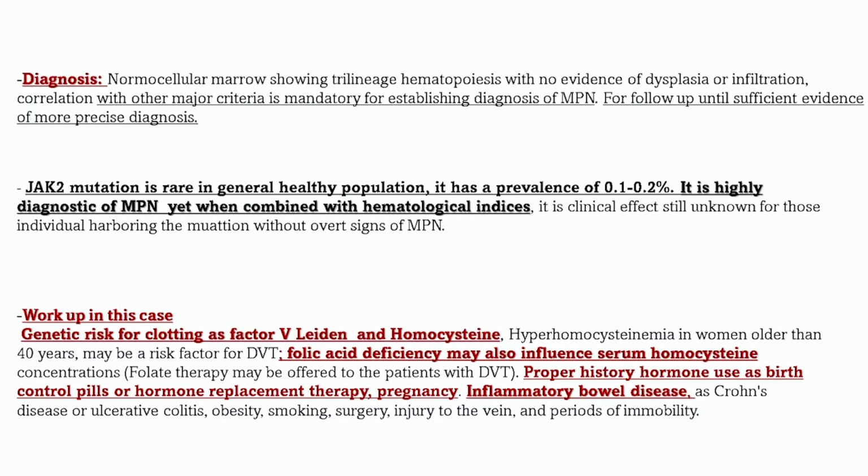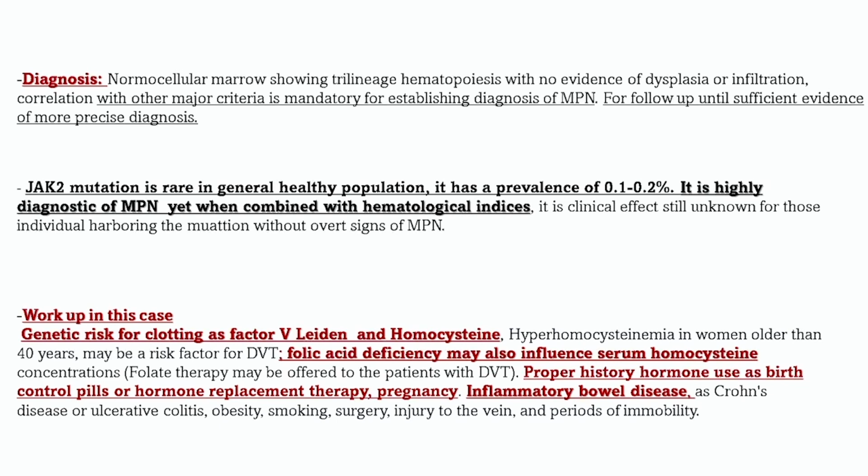Kindly, whenever you have a case of JAK2 positive, you cannot mark the patient as MPN. A patient is marked as MPN with a major and a minor criteria. Otherwise, if these criteria are not fulfilled, don't mark him as MPN. JAK2 mutation can be seen in the general healthy population with a prevalence of 0.2%.